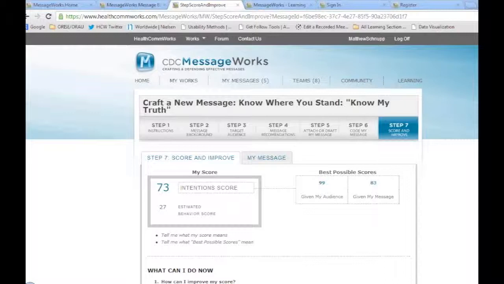So what I would do, in your place, I would test that. I would say you have two messages, one that's designed according to the recommendation in MessageWorks, one that may be based on some other insights and formulas, and I would test those and see which one works better.